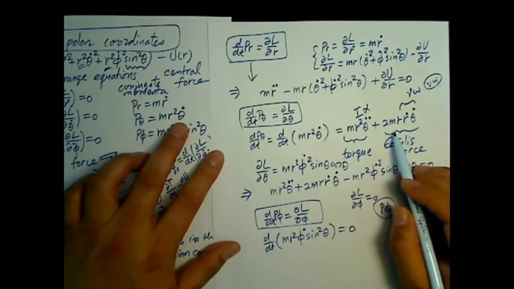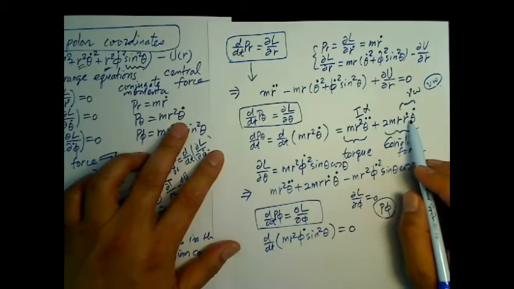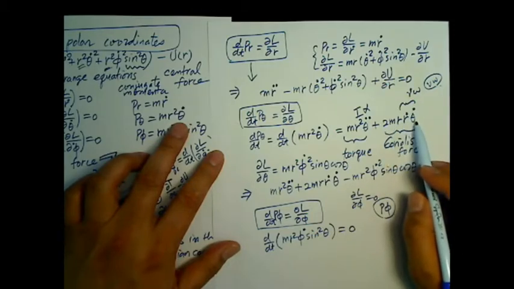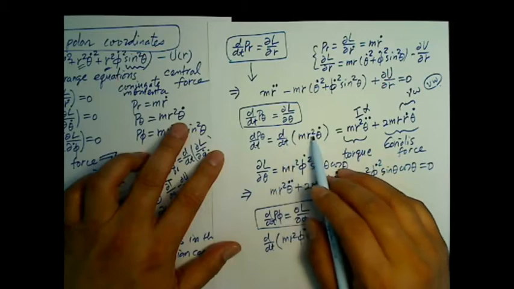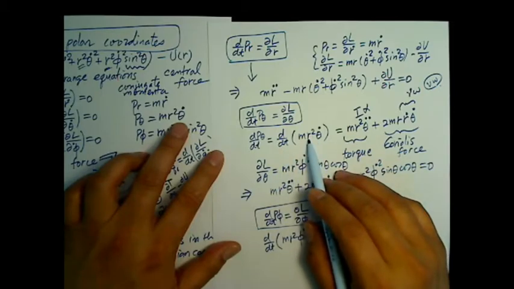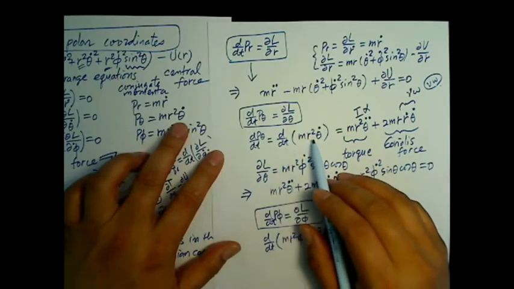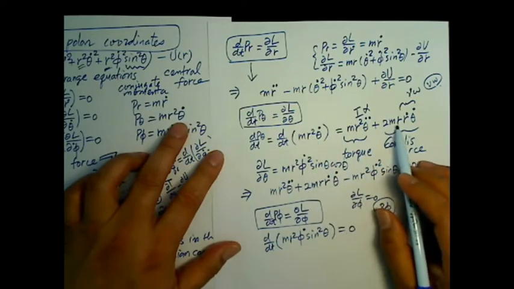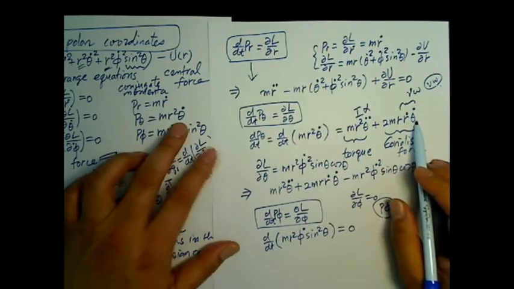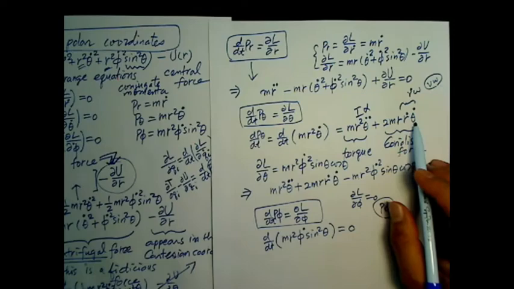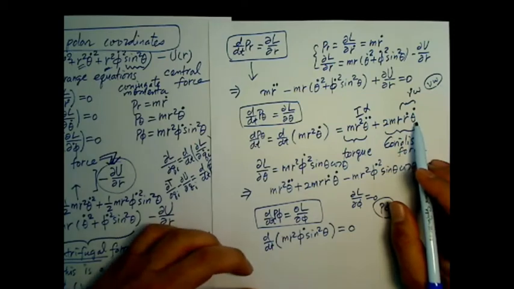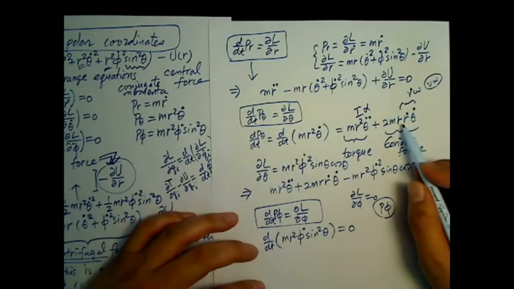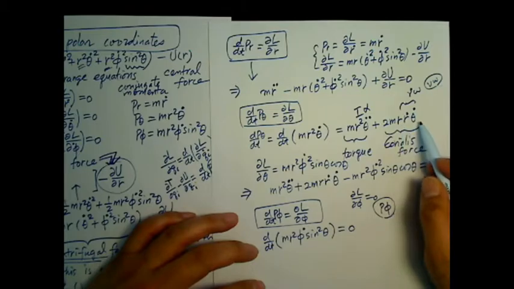And we have 2mr dot theta dot. If I take the derivative, this one becomes 2r, and take the time derivative for r, as we have 2mr dot theta dot. This one is, if I multiply r theta dot, is velocity.